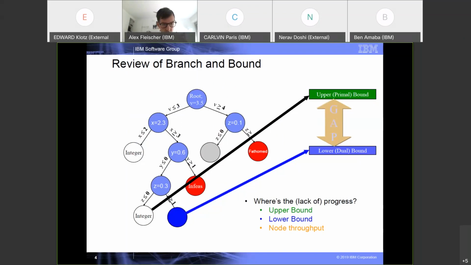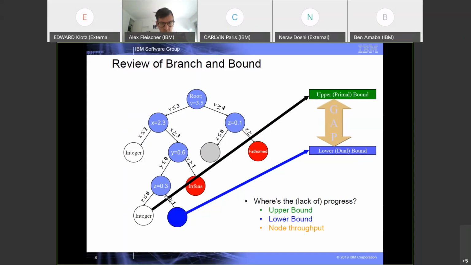And as we generate these nodes by branching on the variables, what's going to happen is we're going to find some integer solutions that are going to establish an upper bound on the best possible solution. You know, we've got this solution in hand, so the optimal solution is at least that good.